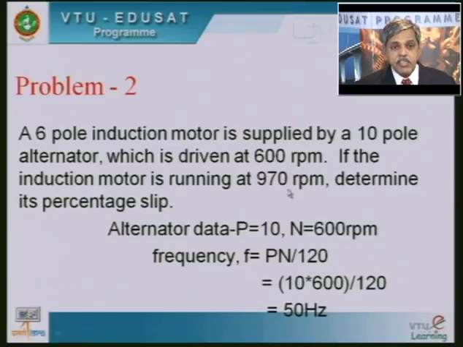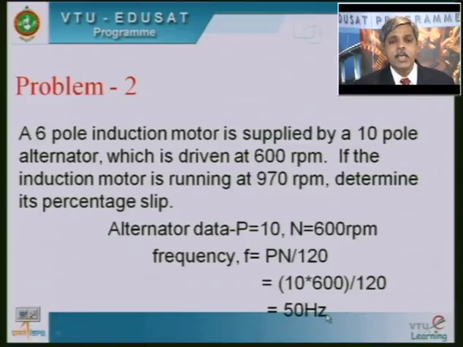So now the frequency of the voltage generated by the alternator is given by this equation. Okay. F is equal to Pn by 120. Now here P is the number of poles of the alternator, and 600 is the speed of the alternator. So this gives you 6000 divided by 120.